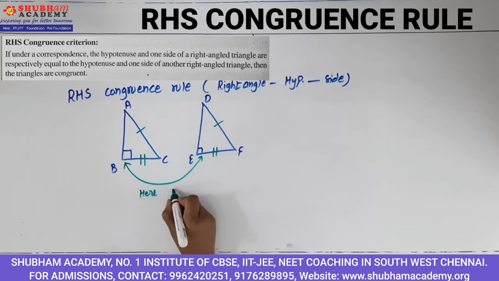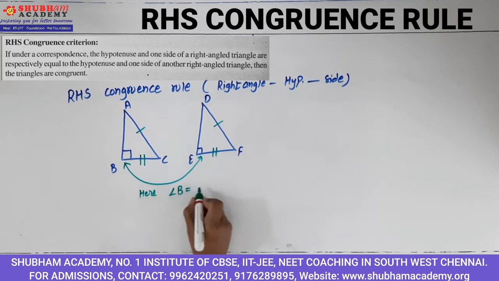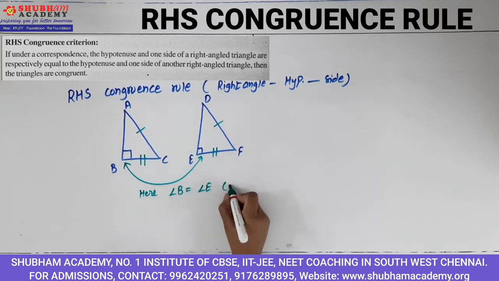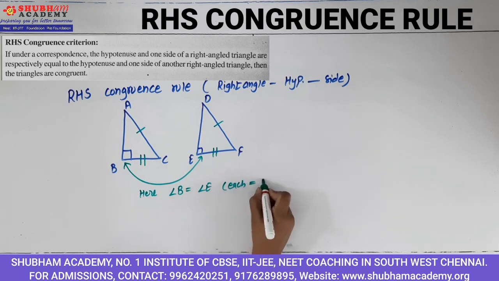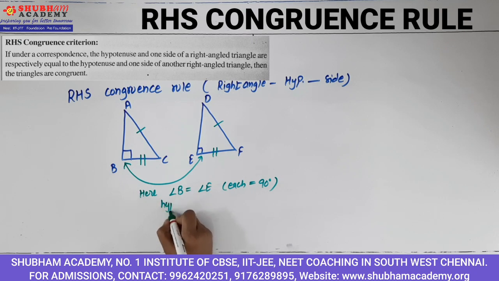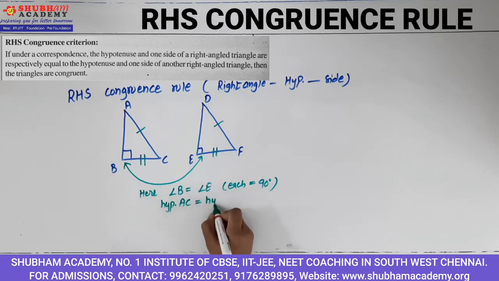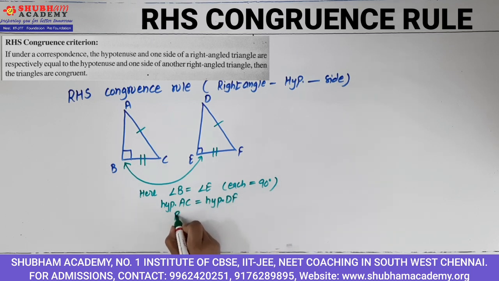Here angle B equals angle E, each equals 90°. Hypotenuse AC of triangle ABC is equal to hypotenuse DF of triangle DEF, and then side BC of triangle ABC is equal to side EF of triangle DEF.